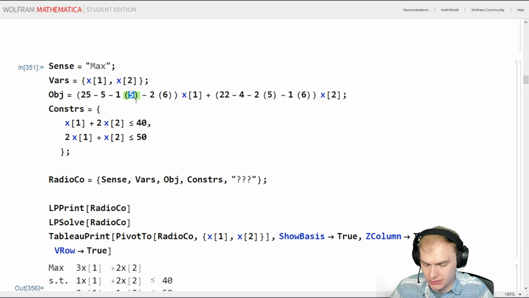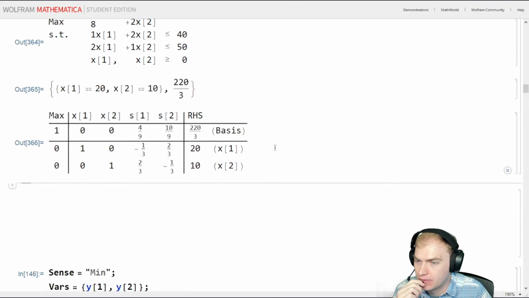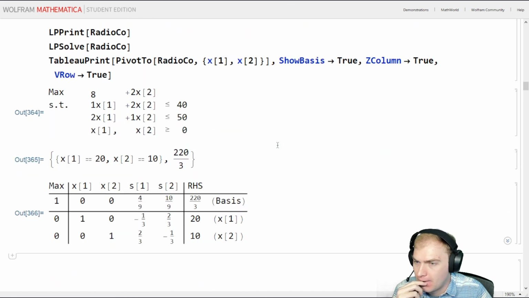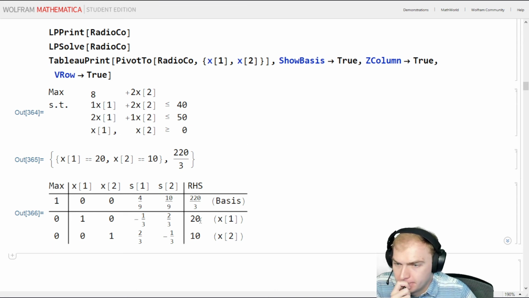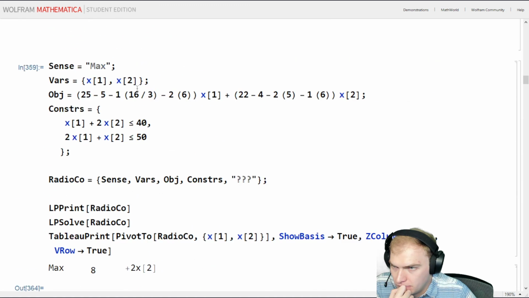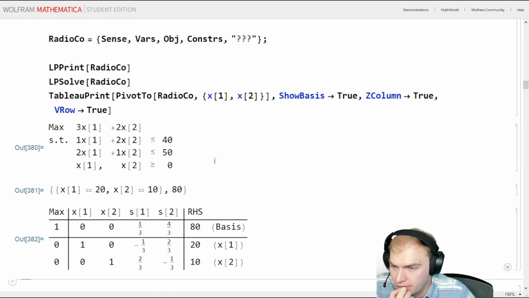Come up here. Guy 1, 5 is 15/3, so 16/3. Let's try 16/3. What does that do? Huh.